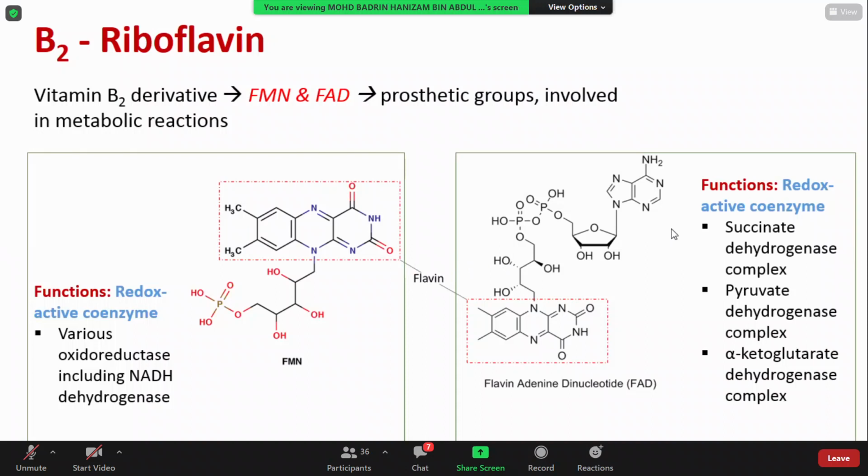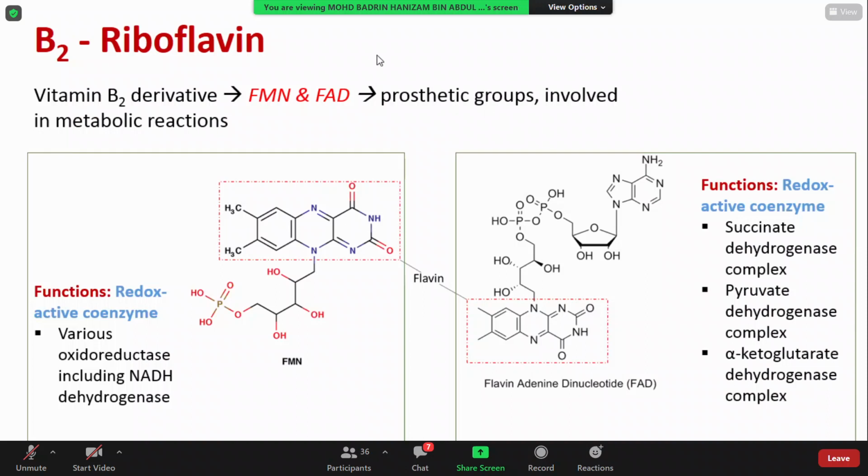So FAD is a redox active enzyme component as well, similar to FMN, but FAD is the prosthetic group for the succinate dehydrogenase complex, the pyruvate dehydrogenase complex, which I already asked you about, and the alpha ketoglutarate dehydrogenase complex.